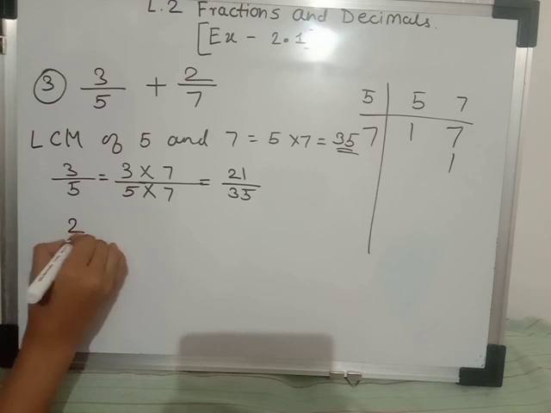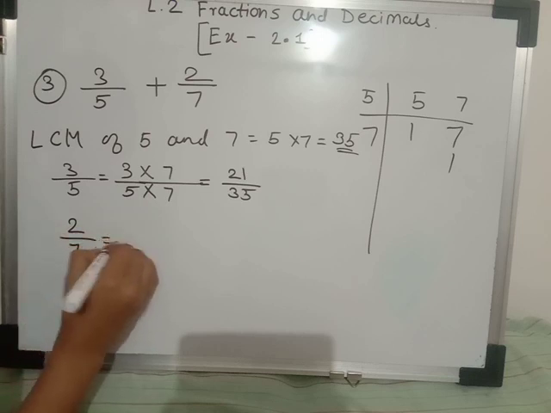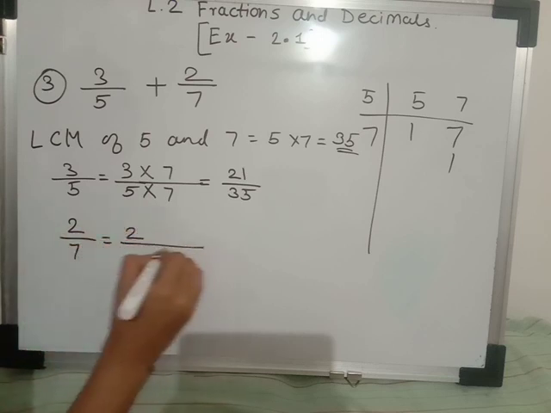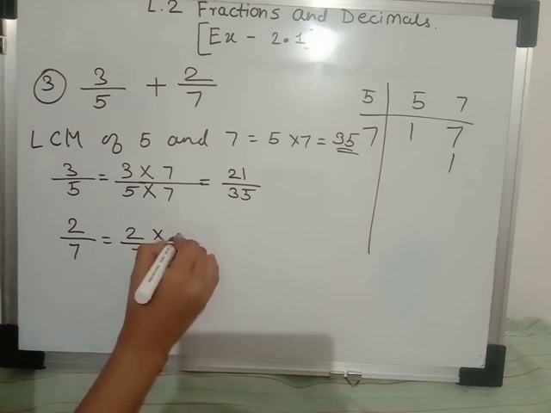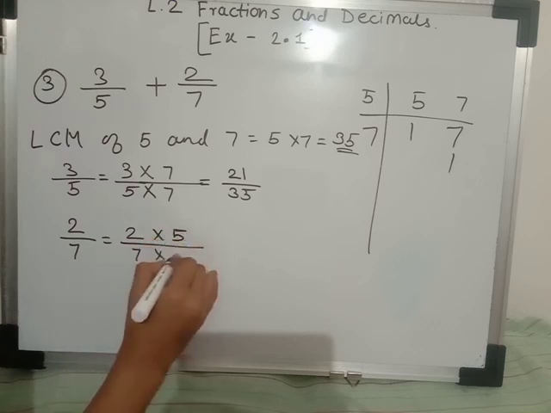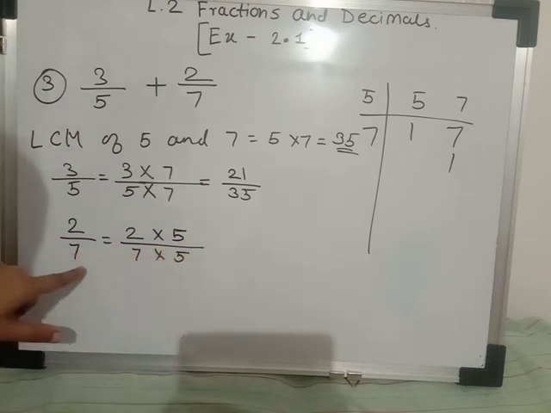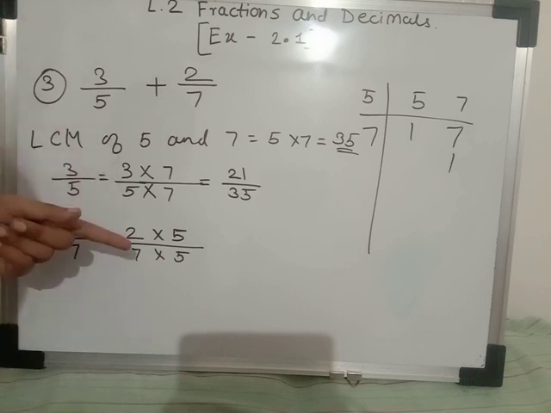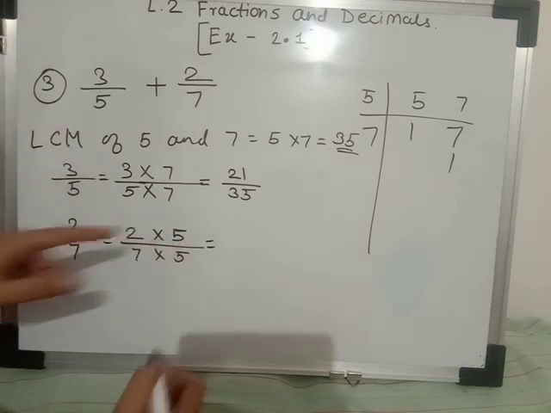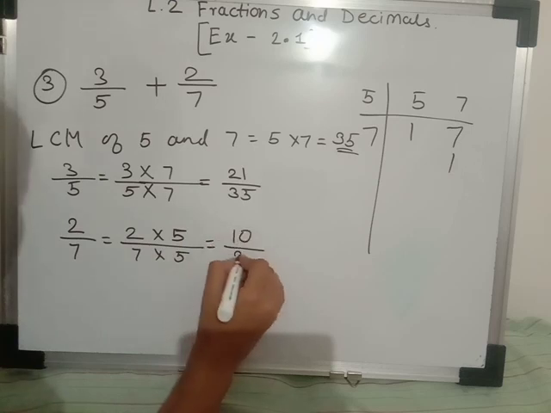Now second fraction is 2 by 7. Again which number we will multiply with the 7 so we will get the 35, that is 5 only, because 7 5s are 35. So here will come 5, and see, whichever number you are taking to make the denominator equal, same number you have to take for the numerator of that fraction. Okay, so 2 5s are 10, 7 5s are 35.